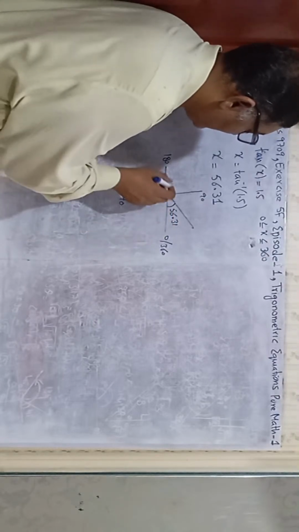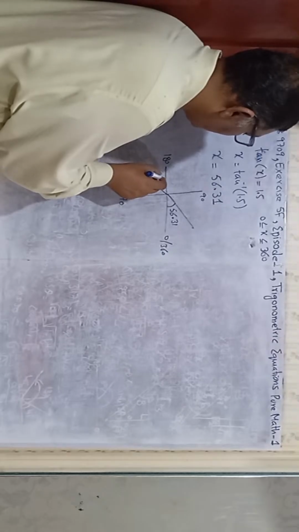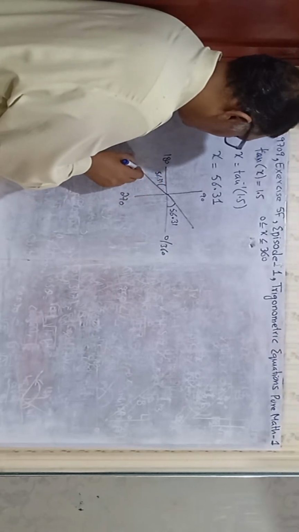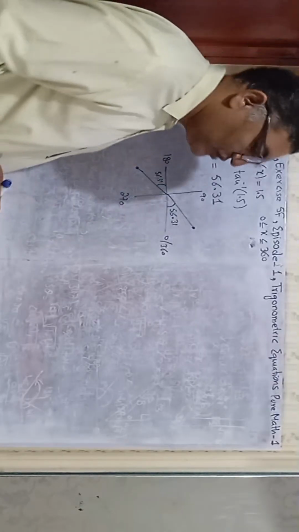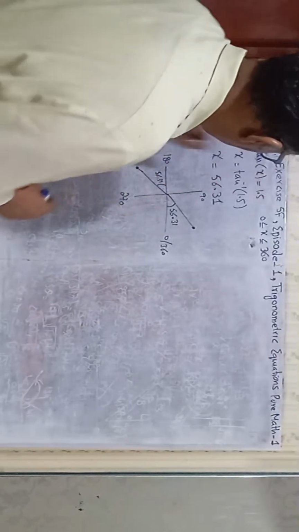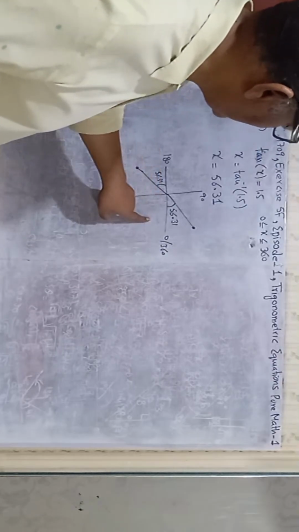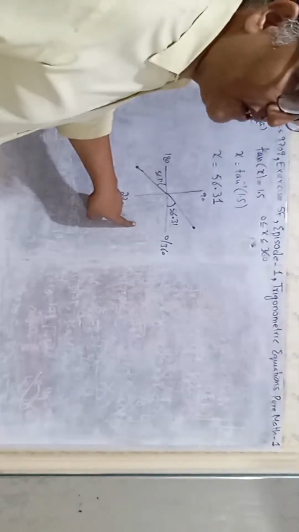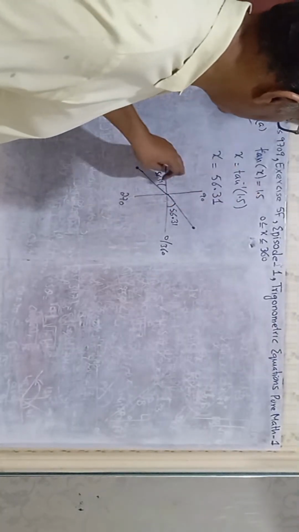Again this will happen here, so this base angle will also be 56.31, because here the tan value is positive, again here the tan value will be positive. So this can also be the answer. The base angle here cannot be the answer because it will be in the 4th quadrant and its value will be negative. This is positive, so we just ignore this.